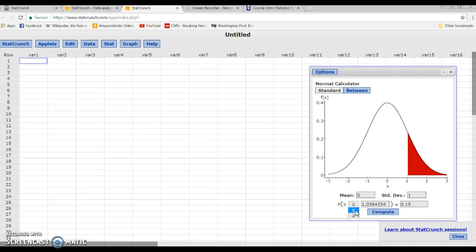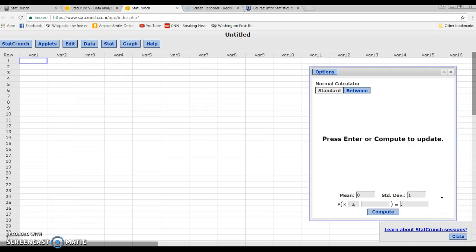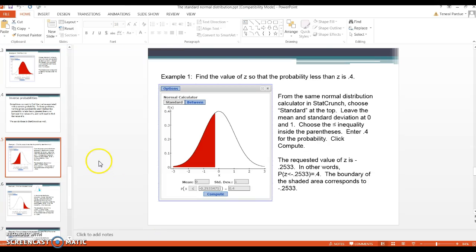So this is left, so less than. And make sure you leave the mean at 0 and the standard deviation at 1. We're going to change the answer here, the probability, to 0.4. And when we hit compute, it'll tell us what this value is. So this is the inverse probability. So the answer here is negative 0.2533. That's the value of Z right here. Okay, so that's our answer on the first problem.